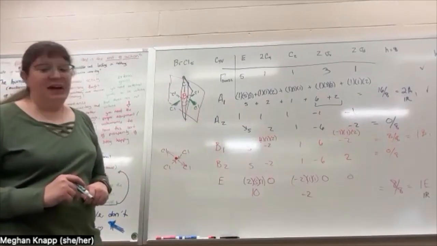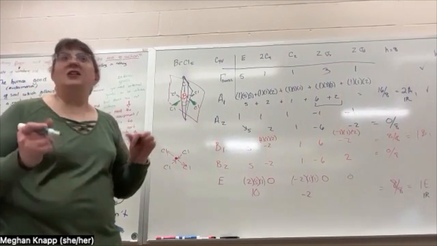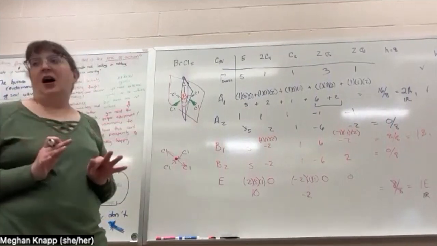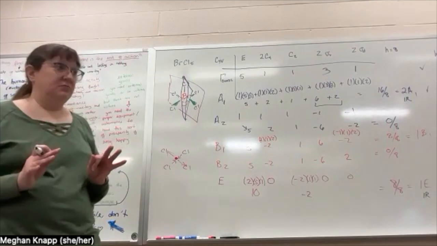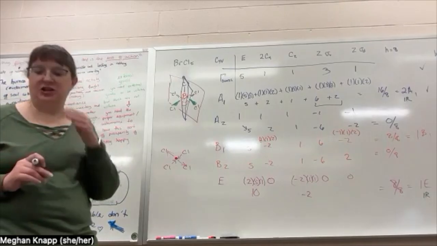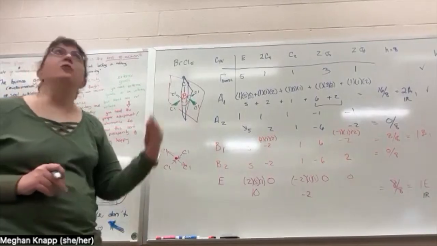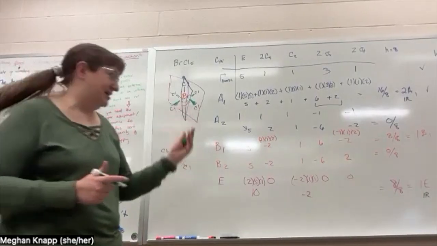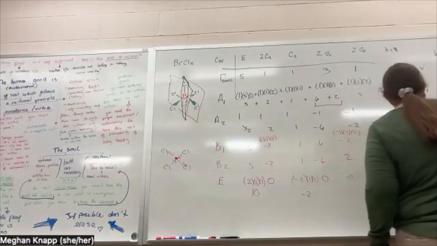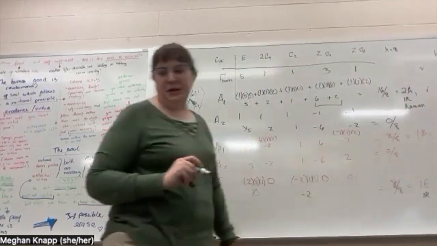Okay, and then which are visible in the Raman? Anything at all in that column tells us that it's visible in the Raman. We don't have to look for specific combinations. So is A1 visible? Yes, because there's something there. Is B1?